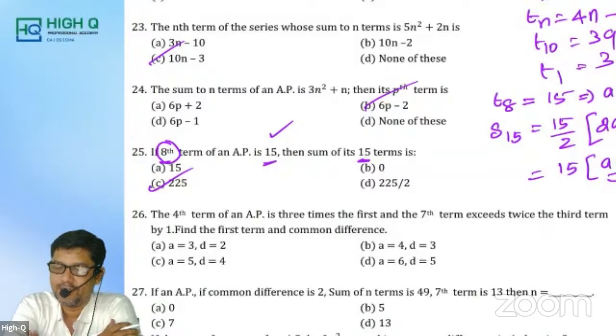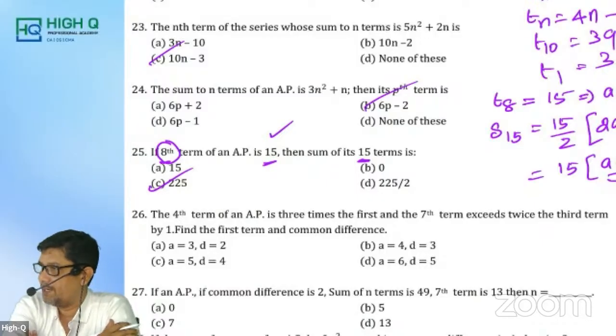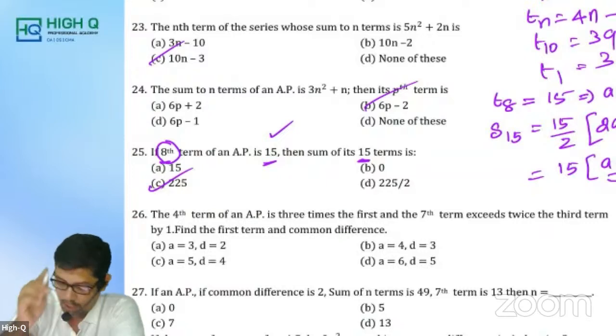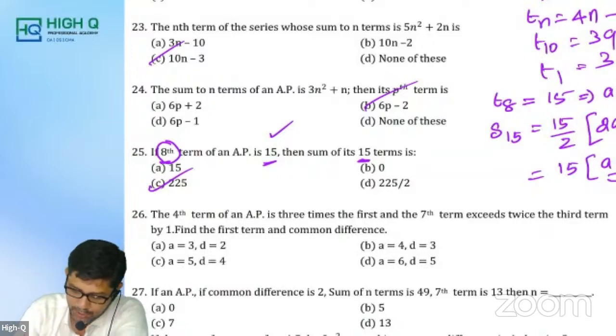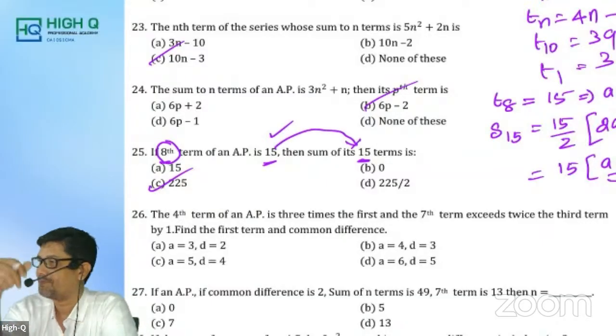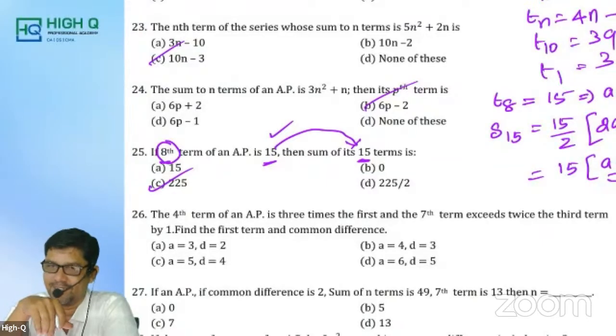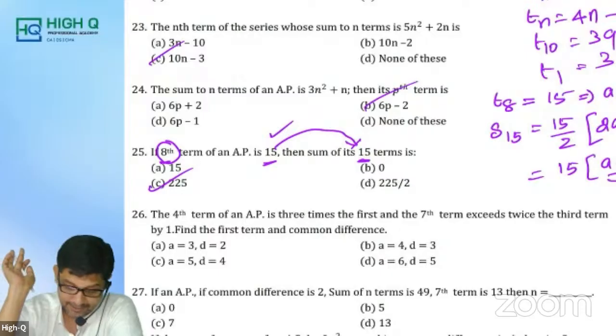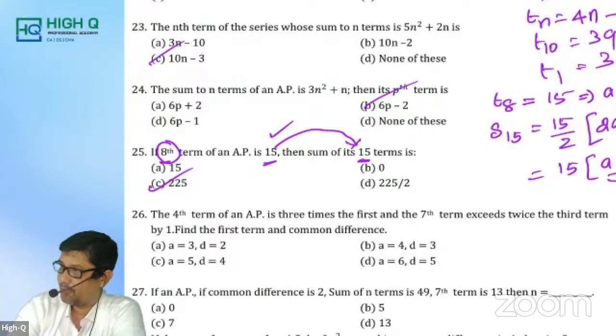The 13th term. If the 10th term is given, the sum of what term will they be asking you? 19th term. This is the logic. Once the term is given, simply multiply this number with this number, and the answer is over. 15 15s are 225. That is the logic you need to apply. Otherwise, you have to end up solving it this way.